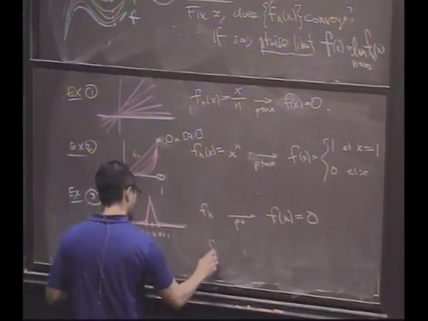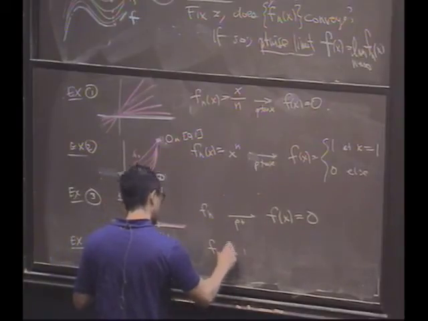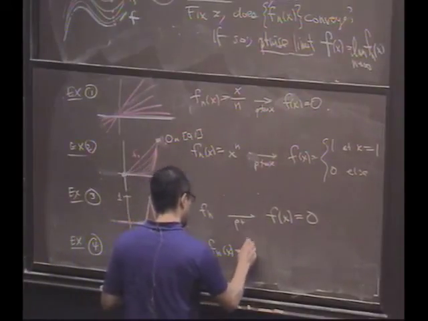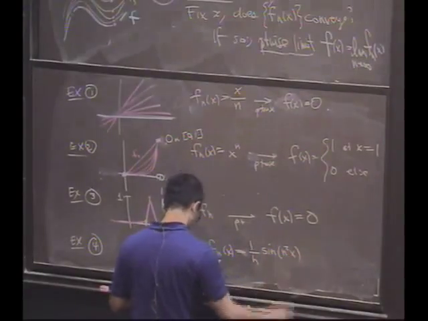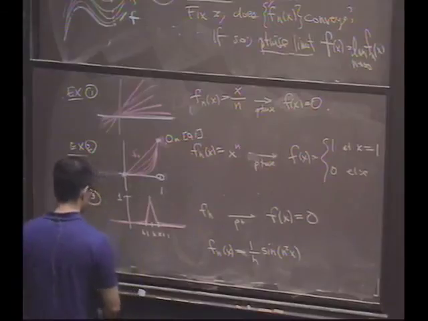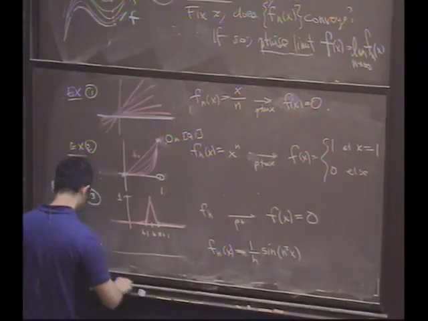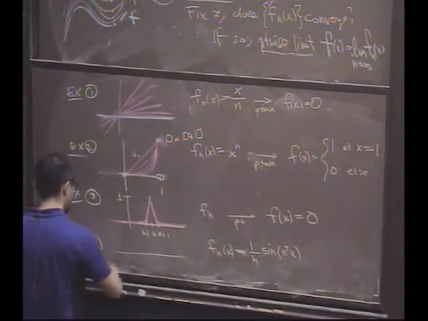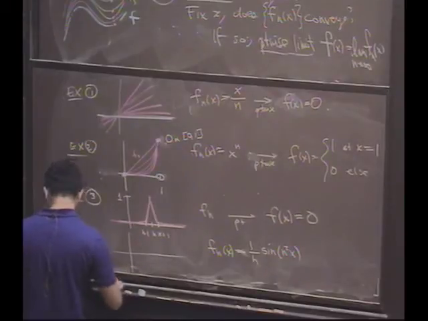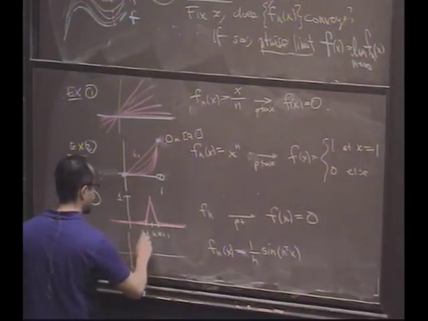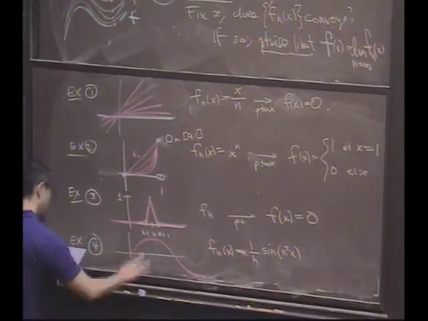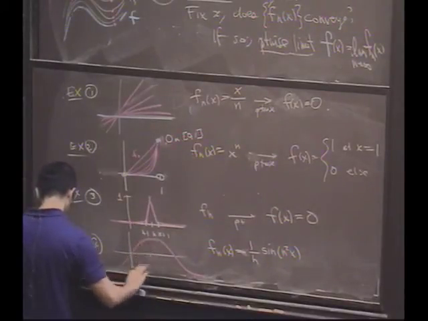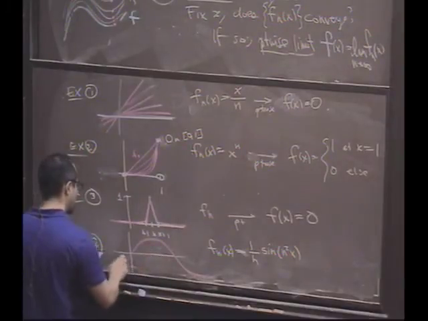What if I look at this function? How about f sub n at x is 1 over n sine of n squared x? Okay, what's that doing? I'm just going to roughly draw something. Here's the first one, yeah? The second one has what amplitude? Smaller, right? And then what frequency?